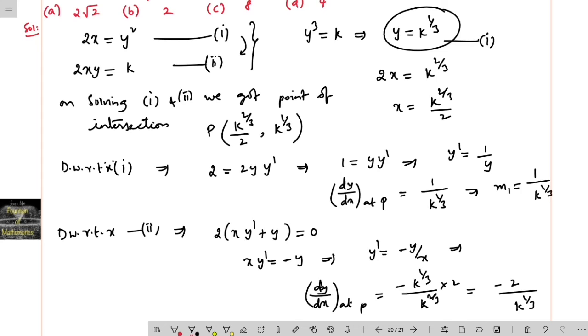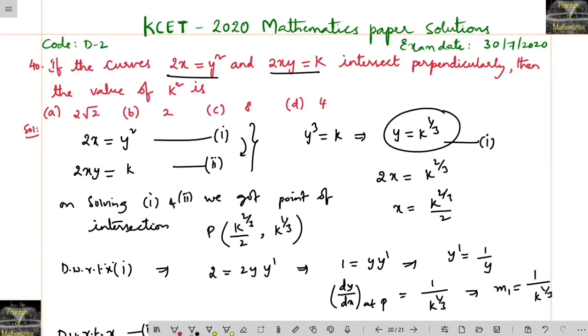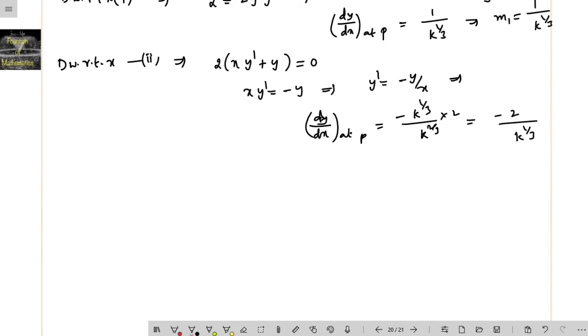Okay, so we got the two slopes, and since in the question it is given they intersect perpendicularly, we have m1 m2 = -1. So we can use this condition: 1/k^(1/3) times -2/k^(1/3) = -1.